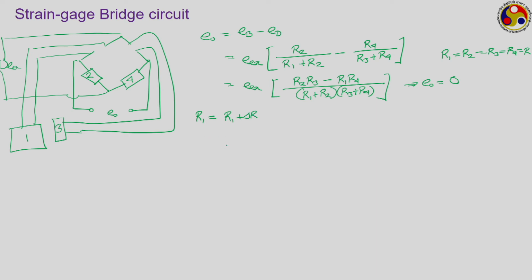So, the corresponding change in voltage, E naught plus dE naught, will be equal to R2 R3 remain unaltered, R1 will become R1 plus delta R into R4 divided by R1 plus delta R plus R2 into R3 plus R4.